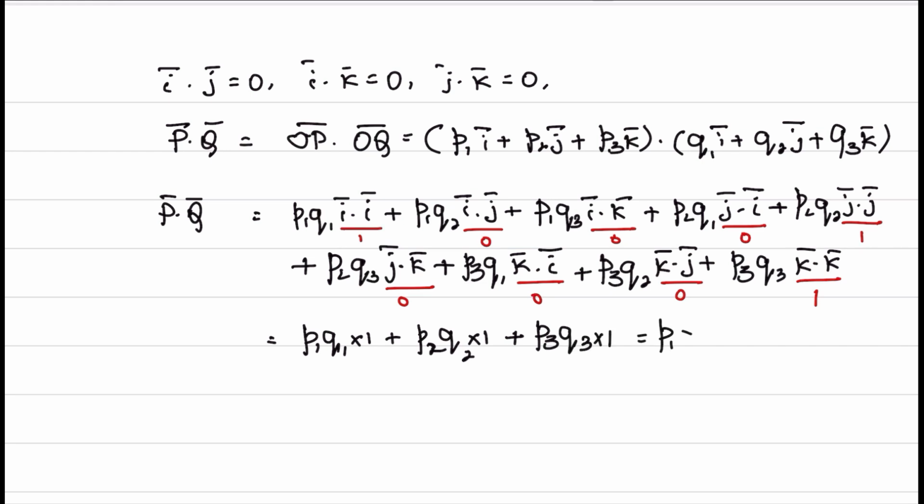That is equal to P1 Q1 plus P2 Q2 plus P3 Q3. This is a scalar quantity. Proved. That means P dot Q can be written as PQ cos theta. At the same time, if it is given in component form, it can be written as P1 Q1 plus P2 Q2 plus P3 Q3.